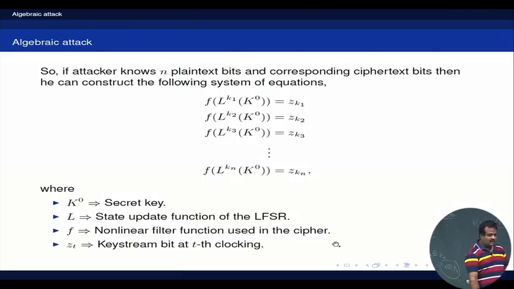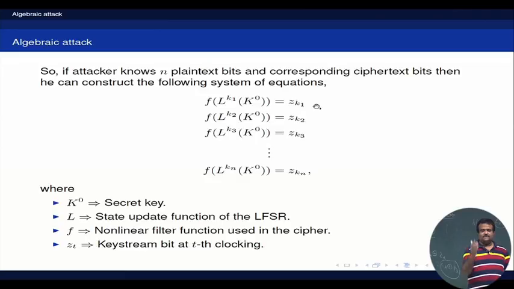If the attacker knows n plaintext bits and the corresponding ciphertext bits, then he can construct the following system of equations. This is for an LFSR based stream cipher, because these are the LFSR bit updates. Every state is initialized by K0.